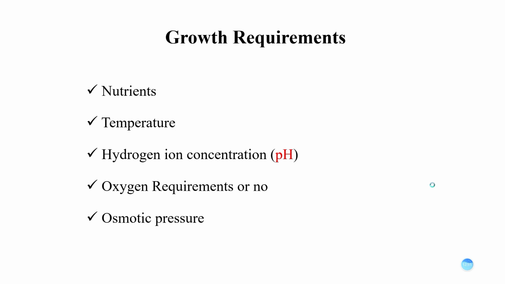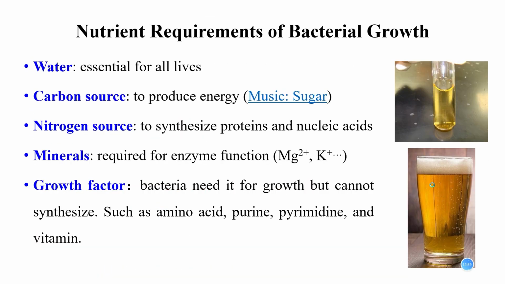So that's osmotic pressure. First we talk about the nutrients. These are the essential nutrients required for bacterial growth. Of course, water. Water is essential for all forms of life, including human.